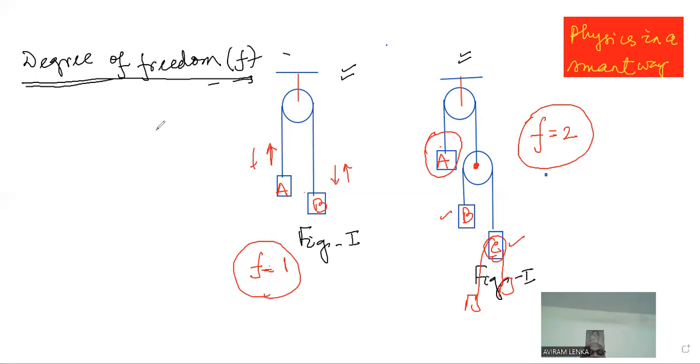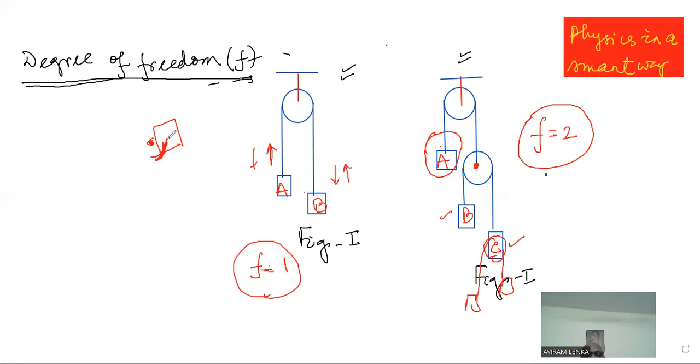Let us say we take something like your door frame and door. Your door is usually hinged to the doorpost, and the door can only rotate about the doorpost. So your door has a degree of freedom of only one. It can have rotation about the hinge or pivot, whatever it is.